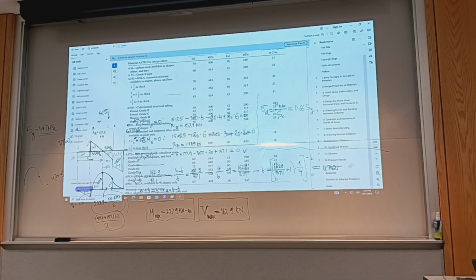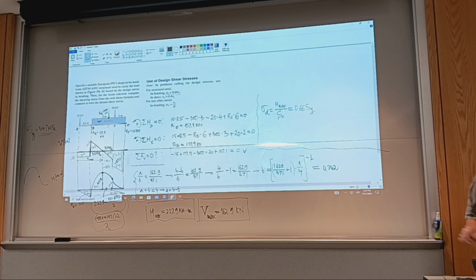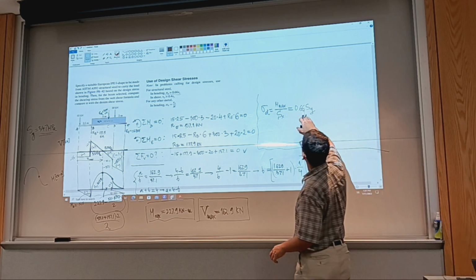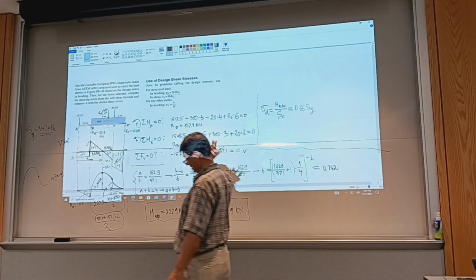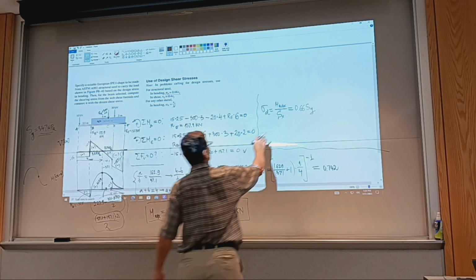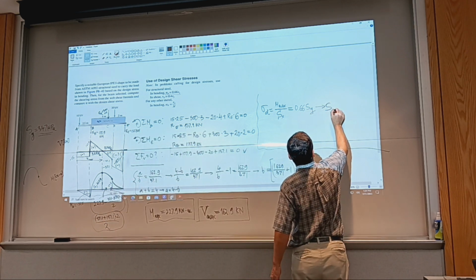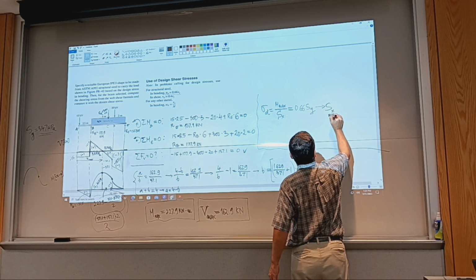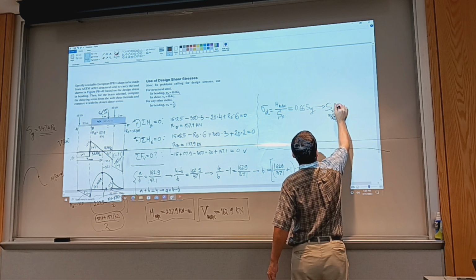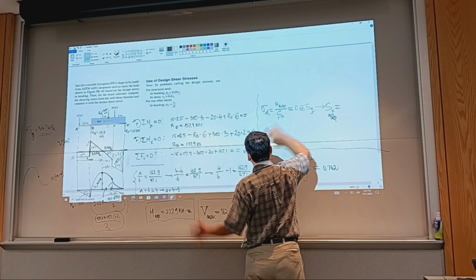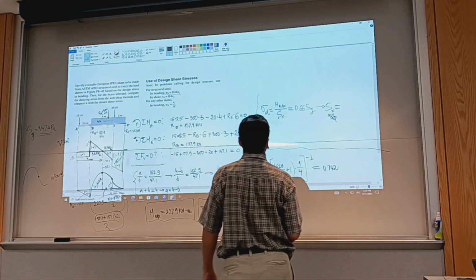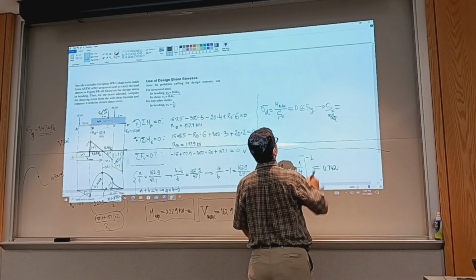And with this, we can continue this calculation to find the required SX, minimum required. A value that, as I said earlier, seldom is available.